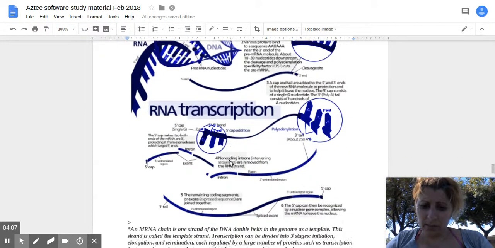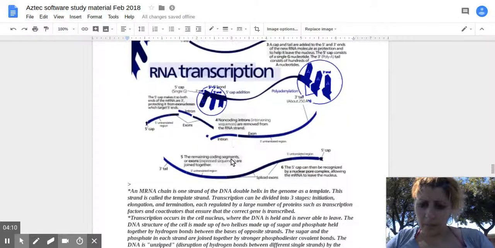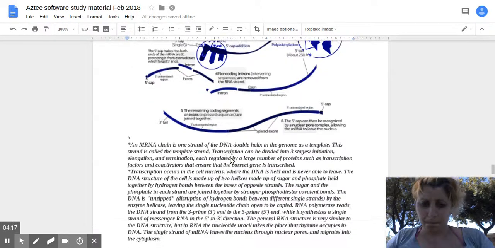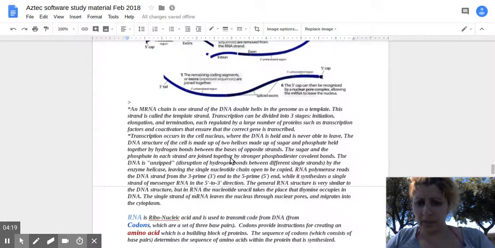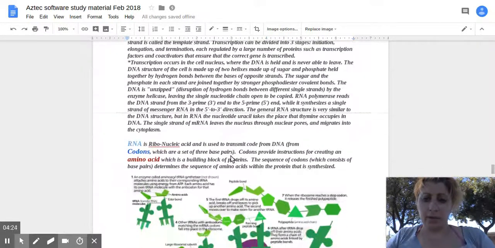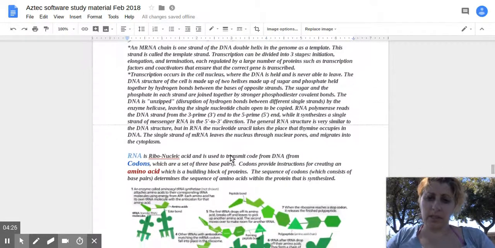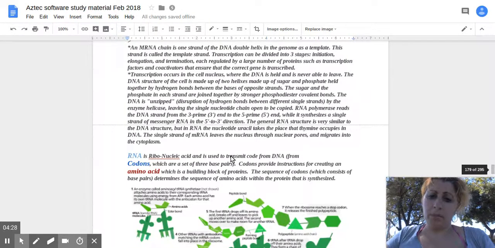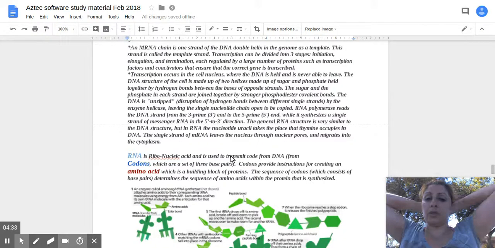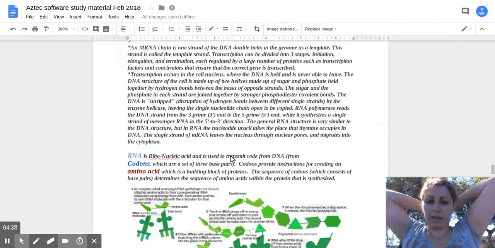So that's the diagram. An mRNA chain uses one strand of the DNA double helix in the genome as a template. The strand is called a template strand because off this RNA strand you're going to have translation, and tRNA is going to help with the building of a protein, or multi amino acid chain, aka a protein molecule.